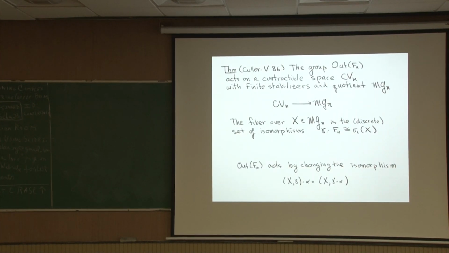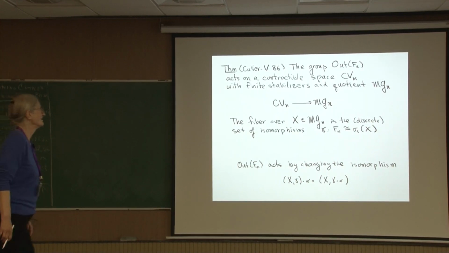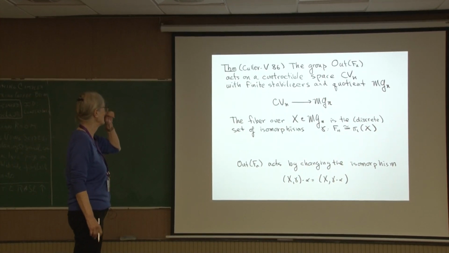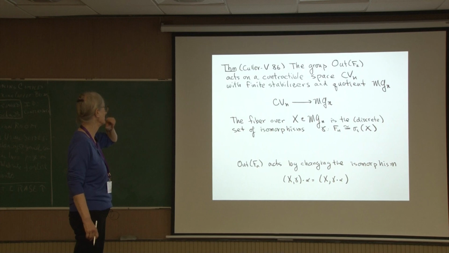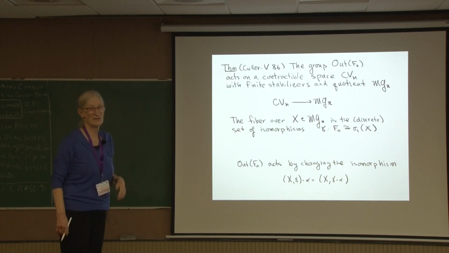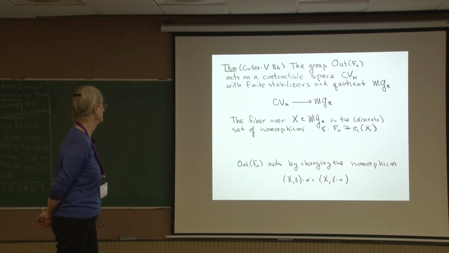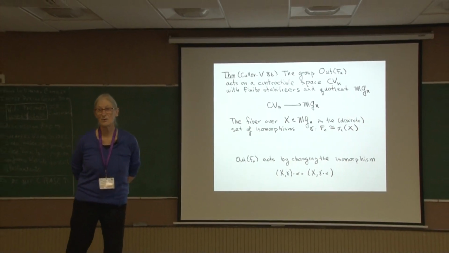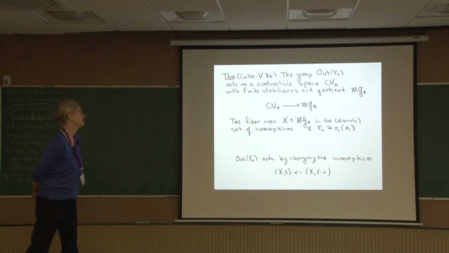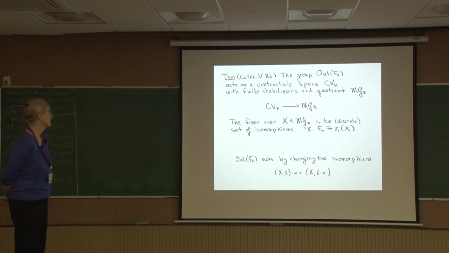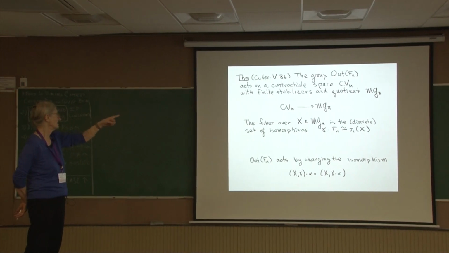It basically goes back to 1986, when Mark Culler and I showed that the group of outer automorphisms acts on a certain contractible space called outer space with finite stabilizers, and the quotient by the action is the space of graphs, MGN. So there's a map from outer space to MGN.